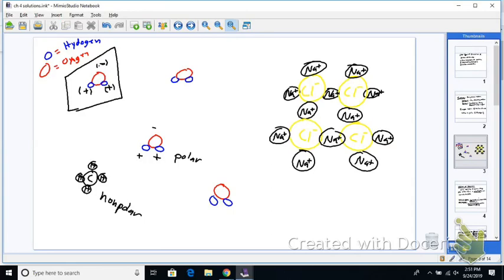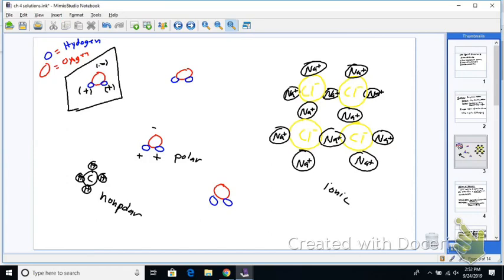And this over here is an example of something that's ionic. In a way, it's polar too, because you see the pluses and minuses. So it is polar, but it is an extreme polar, and we don't say it's a molecule, but it is extreme difference in charges with the sodium and the chlorine.